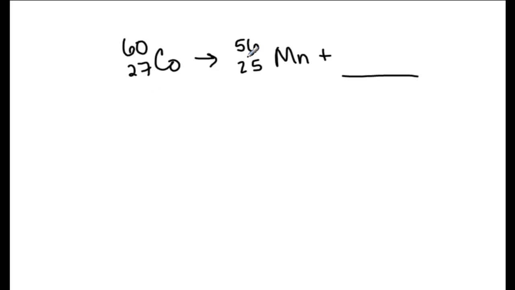So what plus 56 gives me 60? That's going to be 4. And what plus 25 gives me 27? That's going to be 2. So you can see here that 4 and 2 tells me that I have helium. So this particular problem is an alpha decay. So you may have to figure out the type of decay based on filling in the blank. But all you have to remember is that all your numbers should add up, and then be familiar with your different particles so that you can identify the type of decay.